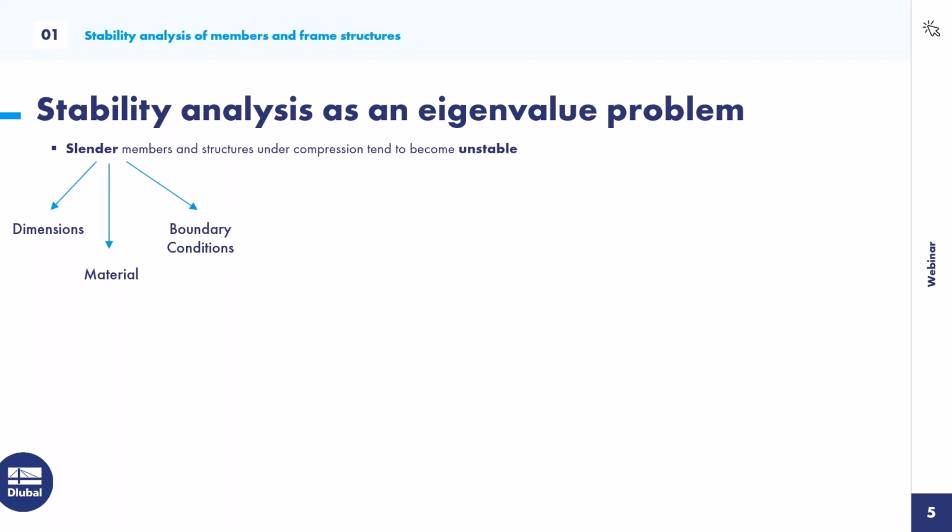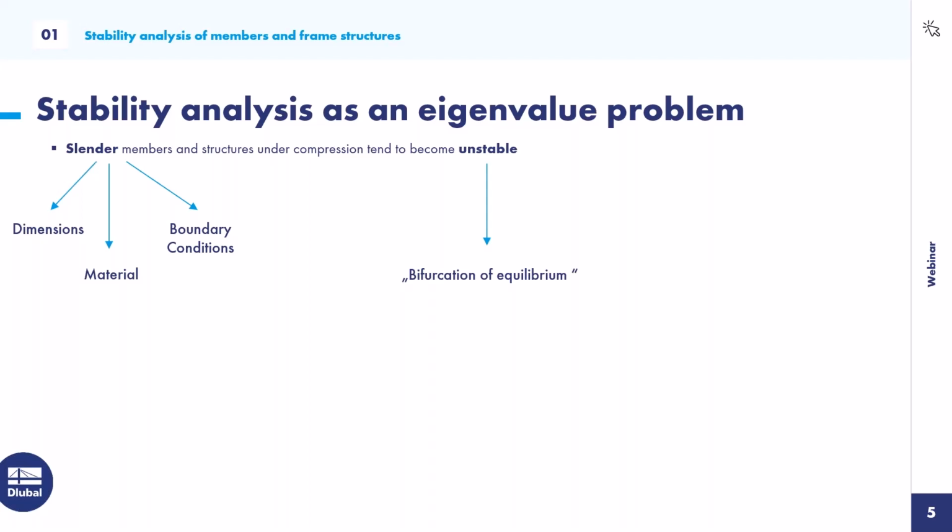And then lastly, the boundary conditions, of course, play a major role. If I have rotational restraints or lateral restraints for our member, it's not that likely to become unstable. And what do I mean with unstable? When we reach the unstable state, we have no clear state of equilibrium. We have instead a bifurcation of equilibrium.